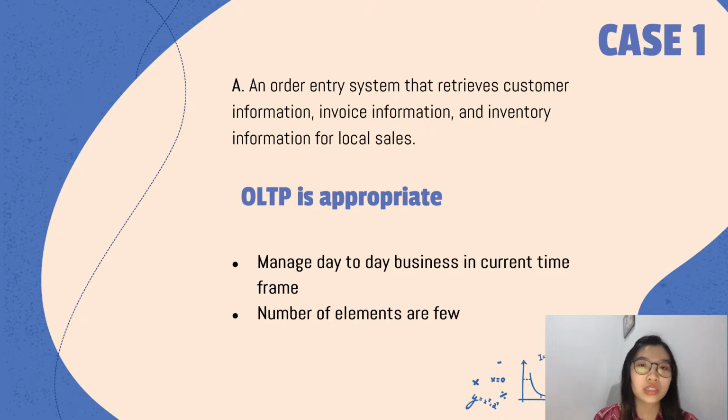Now we will discuss the first case of the assignment, and the question is that for each of the following processes, we must state whether online transaction processing or online analytical processing is appropriate and why.